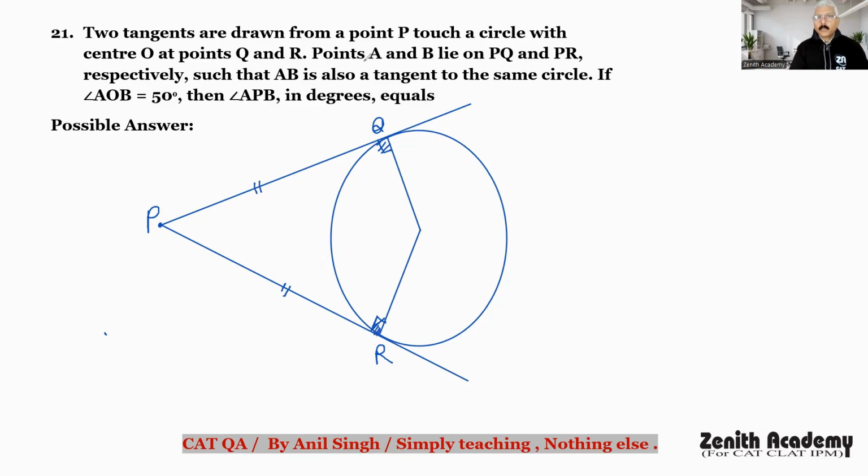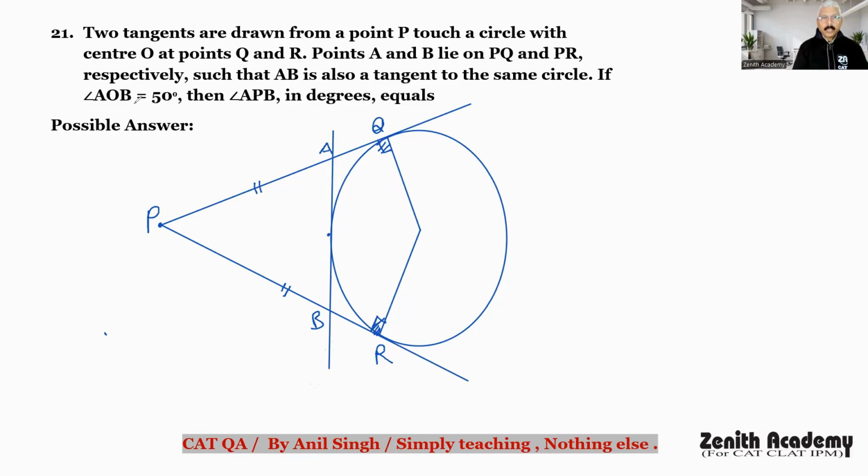Further, points A and B lie on PQ and PR respectively, such that AB is also tangent. Okay, we can take this like A and B. So here it is point A and B. And now this AB is touching the circle.